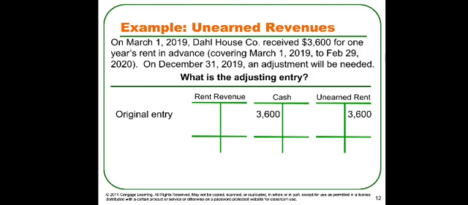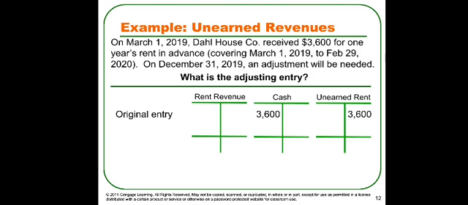At the same time, you have to record unearned rent. Unearned rent is a liability account. You receive the cash, but you cannot record it as a revenue yet because you have not rented the building yet. After you receive the cash, you rent the building or space to the person.